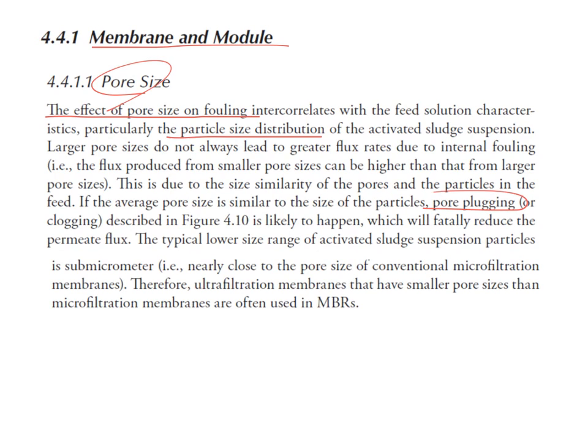So pore plugging is a phenomenon that occurs when the average pore size is similar to the size of the particles. Under typical conditions for activated sludge suspensions, the particles are less than 1 micrometer, which is nearly close to the pore size of conventional microfiltration membranes.